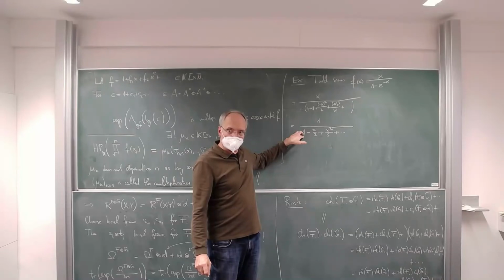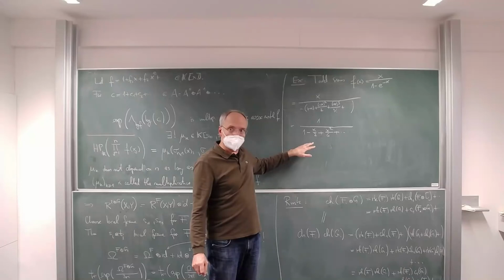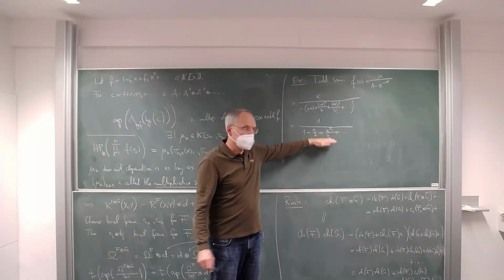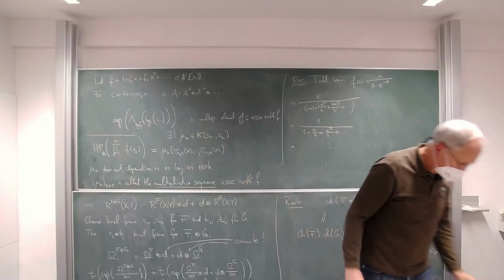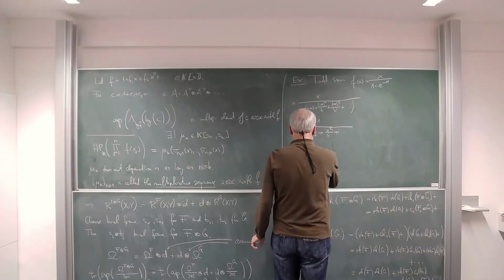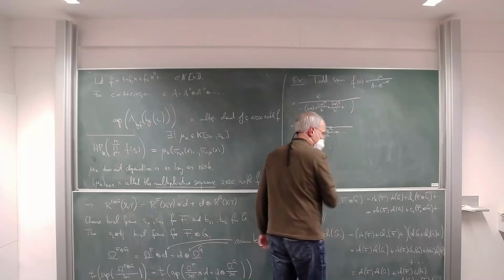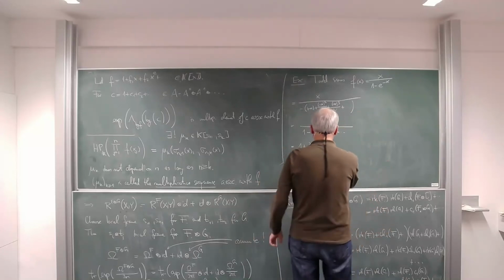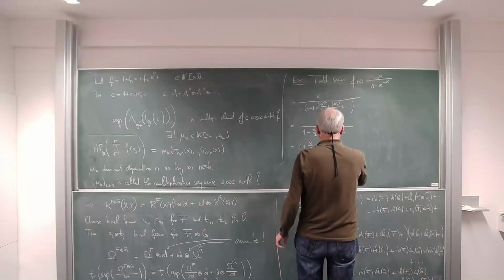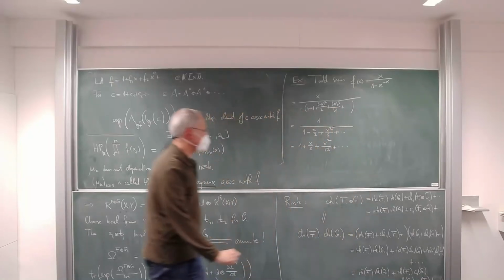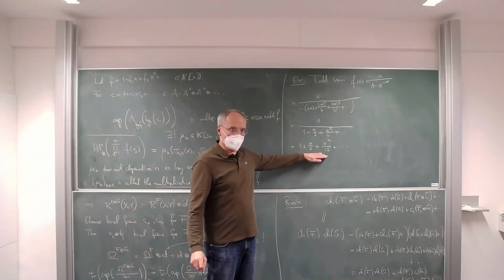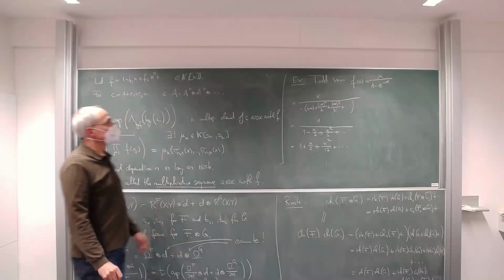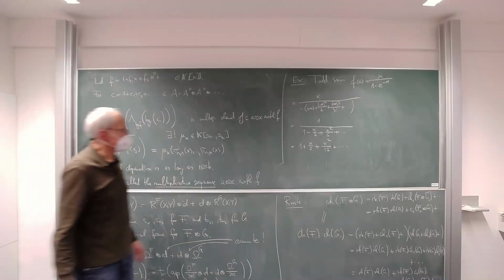Such power series are invertible in the ring of power series. I can just apply the geometric series to this remaining part and expand it. And if you do it, we get 1 plus x on 2 plus x squared on 12 and higher terms. So this is the power series I'm actually working with. Okay, good. So that's the Todd series.